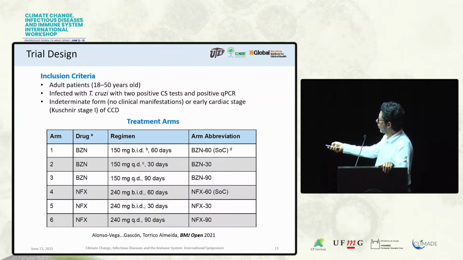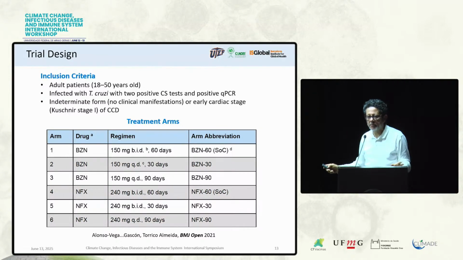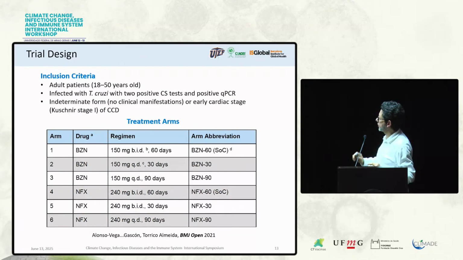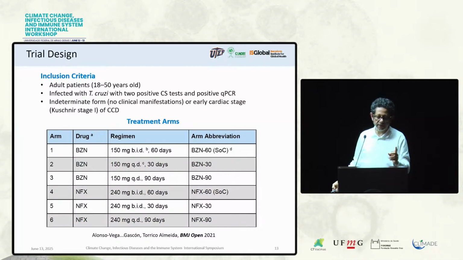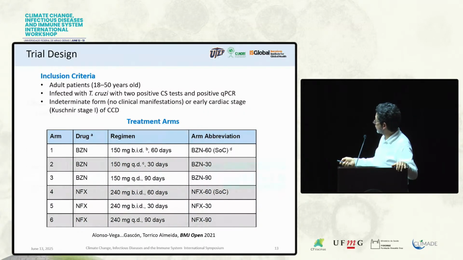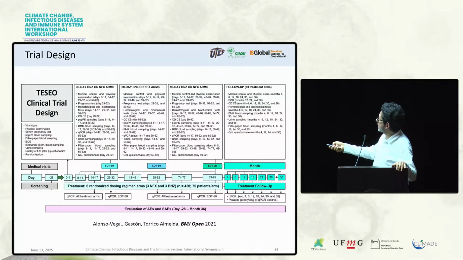So we only proposed things that we had some evidence for in the literature, either experimental but better, derived from clinical trials. And the last one is 240 milligrams once a day, 90 days, because there was data from an assay that a group in Argentina carried out a long time ago. So that's the trial design.